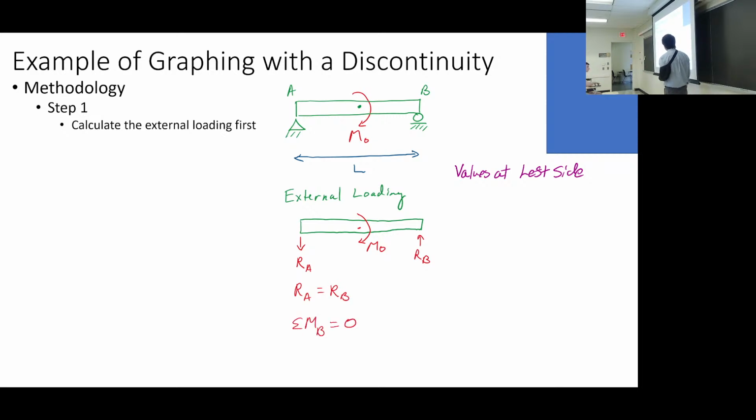Sometimes you don't have to do the values of the left and right side. If you just did the values of the left side, you could probably go ahead and solve everything. What do I mean by solve everything? I could just decide I'm going to use the boundary conditions V of 0 equals something and M of 0 equals something, and that might work out.